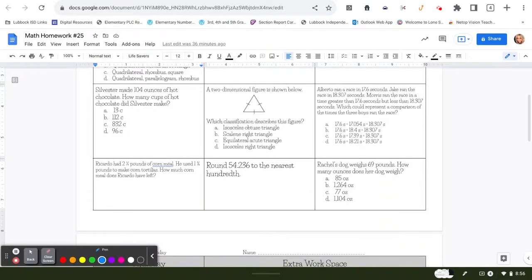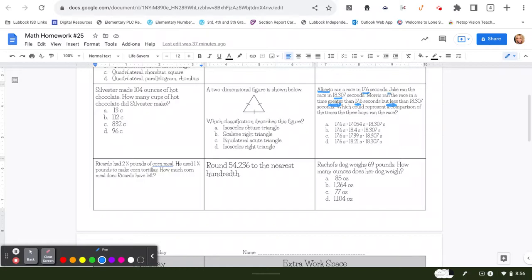Okay, next. Alberto ran a race in 17 and 6/10 seconds. Jake ran the race in 18 and 307 thousandths seconds. Morris ran the race in a time that was greater than Alberto's, but less than Jake's.